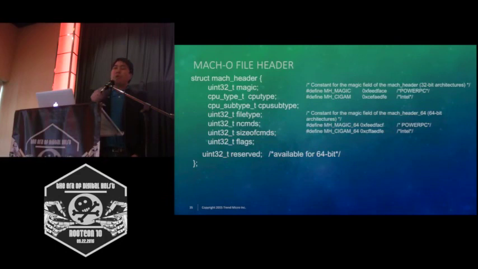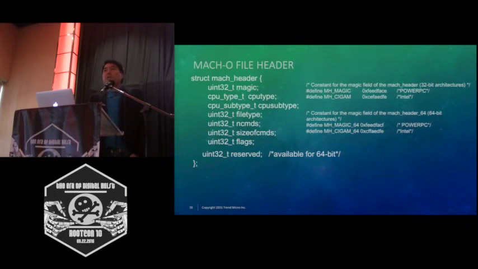Within the Mach-O file header, there are some important fields, which is the file type. The file type would help you identify if the Mach-O file is an executable, dynamic link library, or a driver. And of course, it is also important that you have the commands.